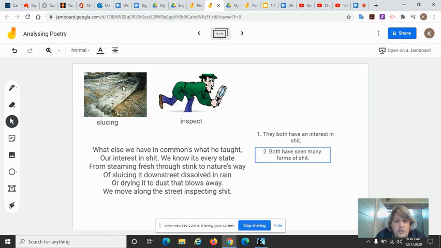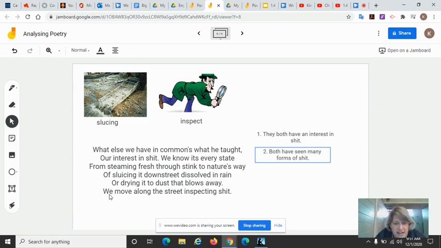So miners will put dirt and water running through the box, and it will wash away the dirt and leave the gold in the bottom of the box. So when it's talking about sluicing the shit, it's when it rains and the water comes down and just washes the shit away.